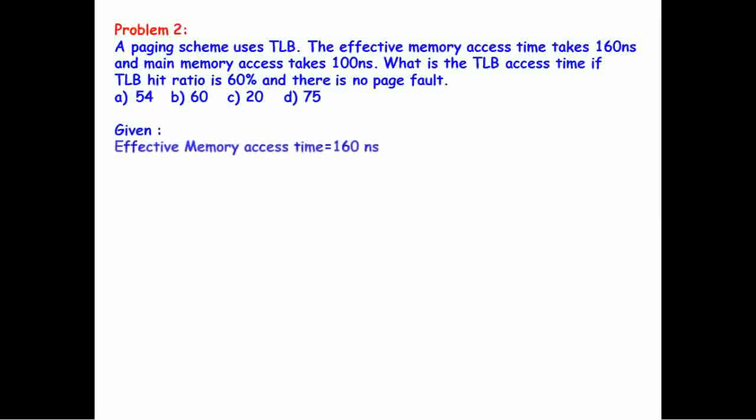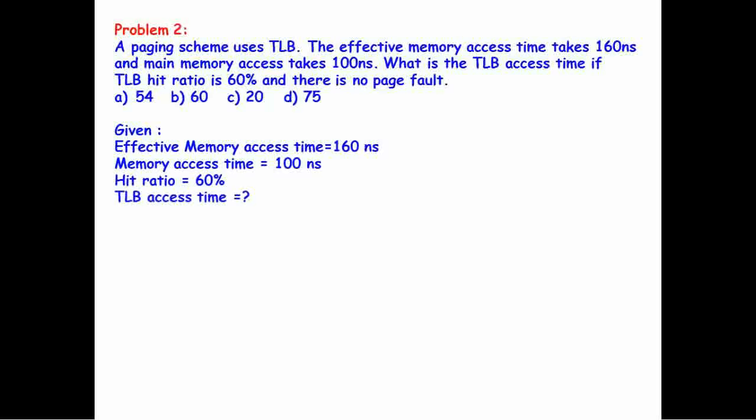Effective memory access time is equal to 160 nanoseconds. Main memory access time is given as 100 nanoseconds. We need to find TLB access time. And one more data is given, TLB hit ratio is given. It is given as 60%. We need to find TLB access time.